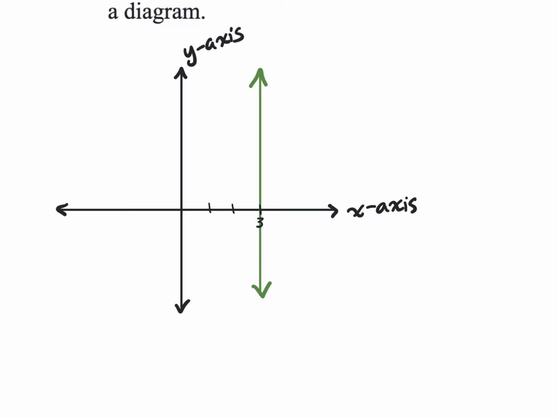In order for it to be a function, there has to be exactly one output when we use our input as x equals 3. But the problem is I've got all of these outputs. There's an infinite number of them. These are all different outputs that we get when x equals 3. So this is actually not a function.